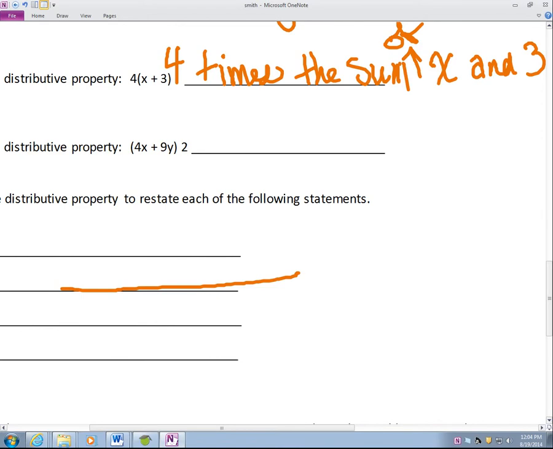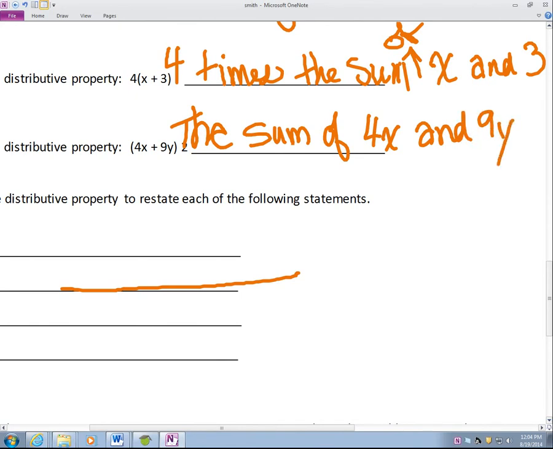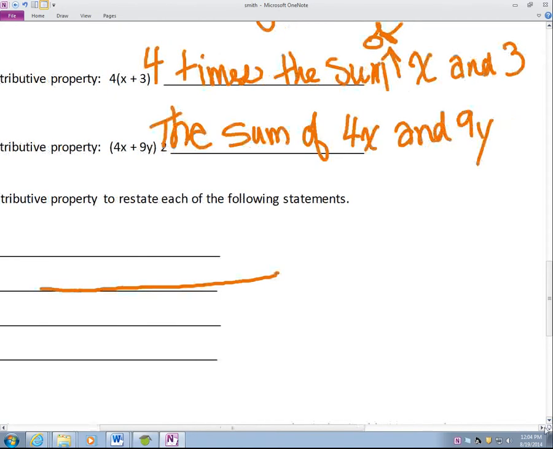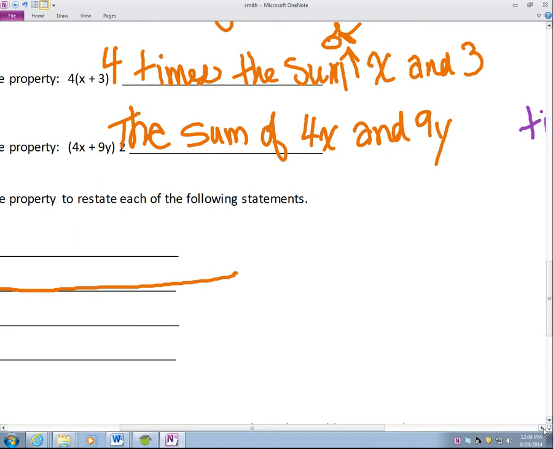Example dose. Now we have to say it how it's written. The sum of 4x and 9y. Is that it? We done?